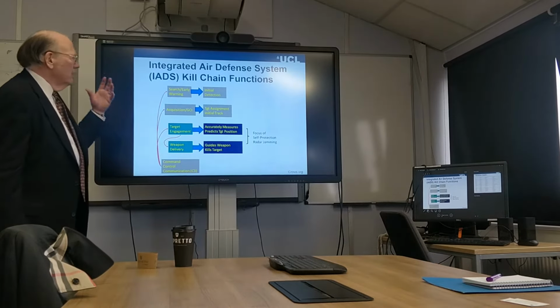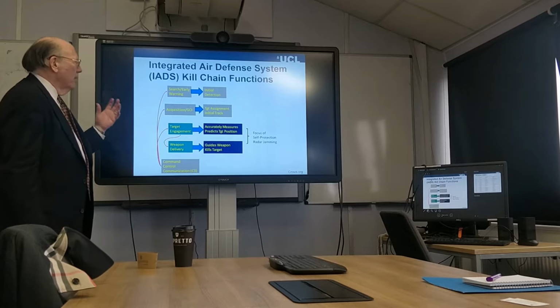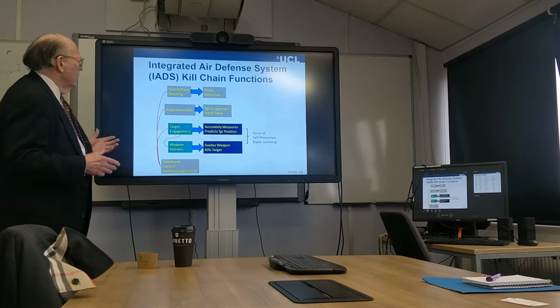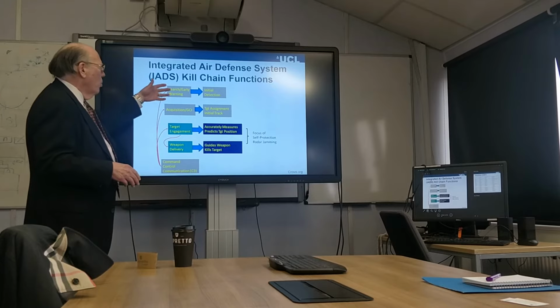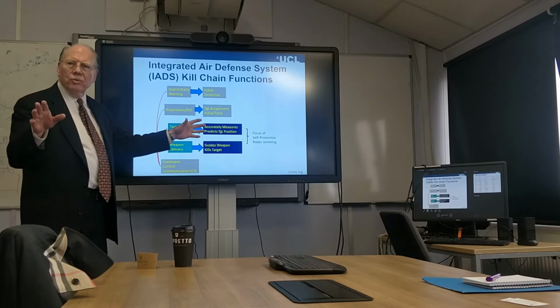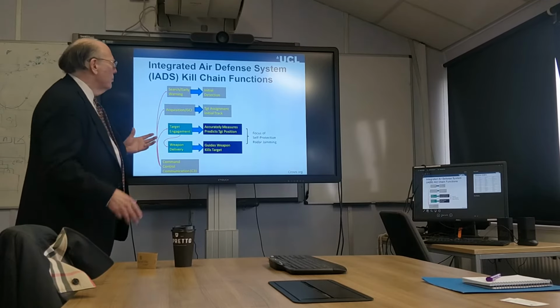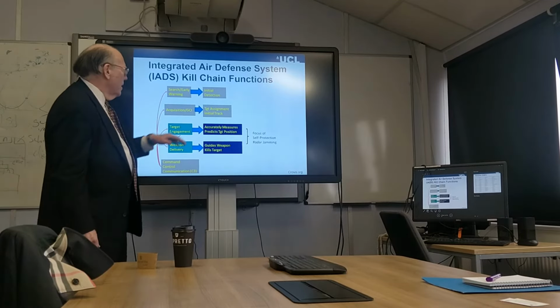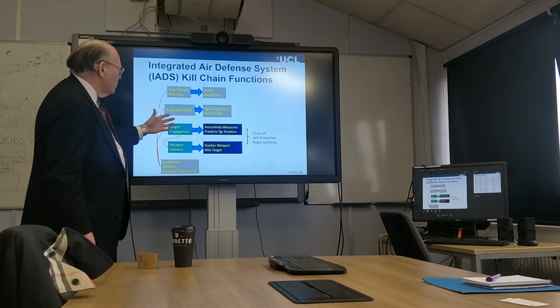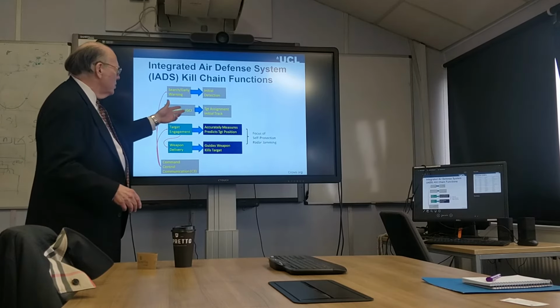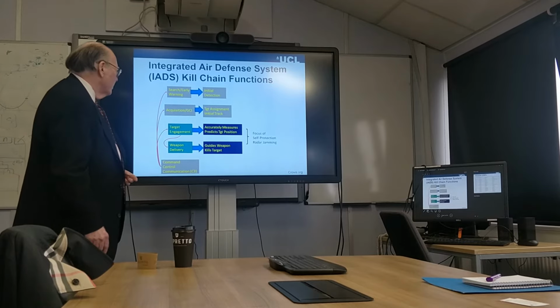So if you look at how an integrated air defense system, IADS, functions, it has a kill chain. It starts with early warning, the very long-range radars that do search and early warning. That does initial detection. Then those radars will pass information, tracks, over to acquisition and ground control intercept radars.